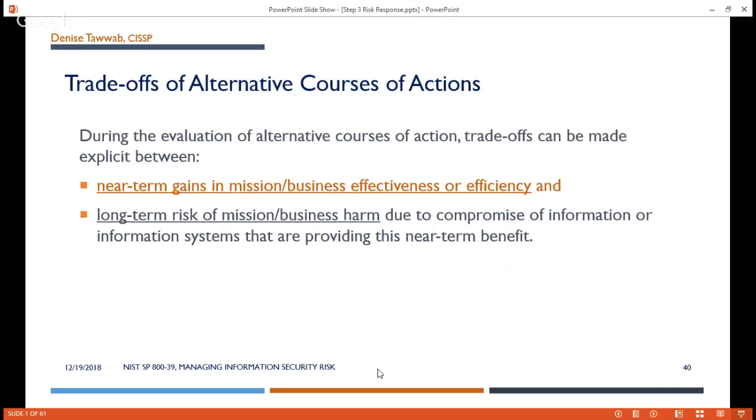Trade-offs of alternative courses of action. During the evaluation of alternative courses of action, trade offs can be made explicit between near term gains in business effectiveness or efficiency and long term risk of business harm due to compromise of information or information systems that are providing this near term benefit.